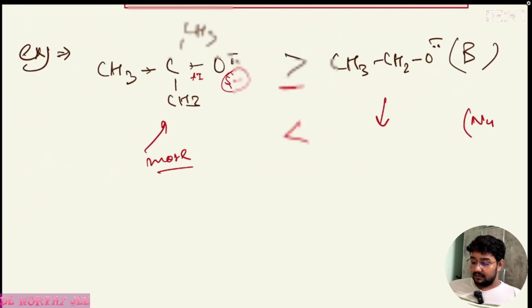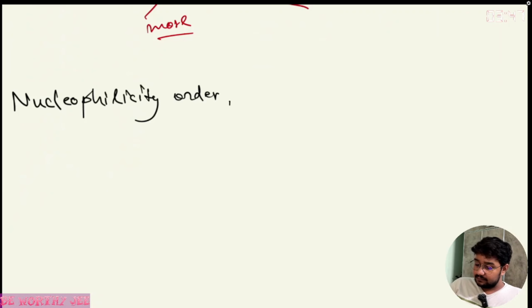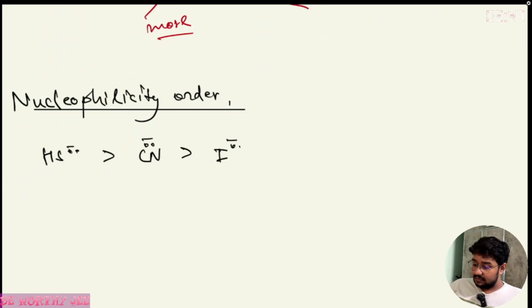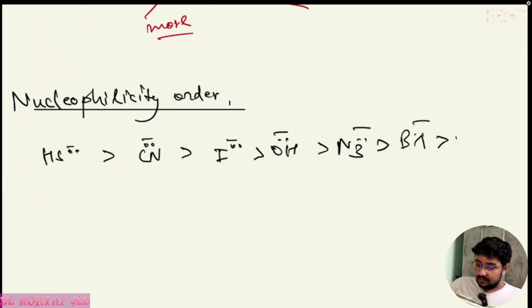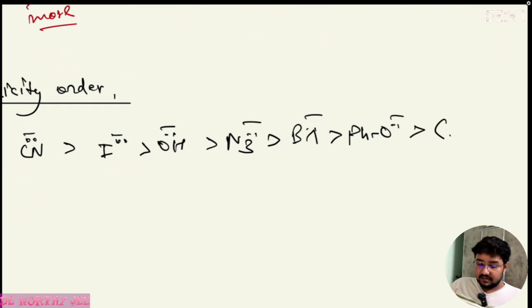Understood? Just write one more thing also, nucleophilicity order. HS minus, OH minus, N3 minus, Br minus, HO minus, Cl, sorry, my bad.